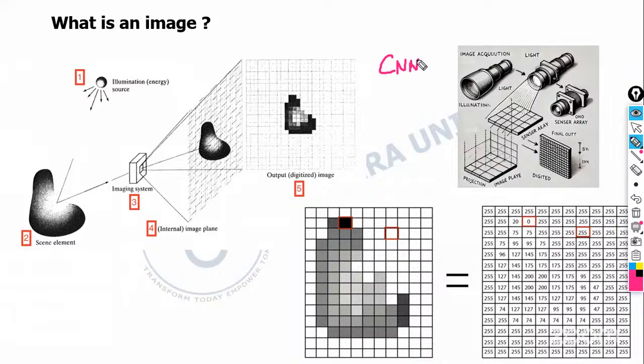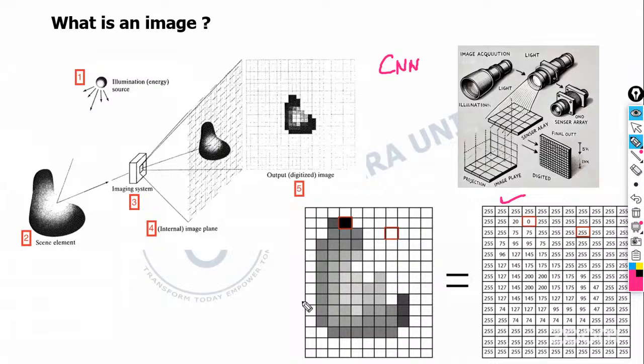But what exactly is an image? If that is a question you have in your mind, an image is nothing but a collection of small dots. If you take any image, it's a collection of small dots which are called pixels. They are arranged in a grid, nothing but a table.